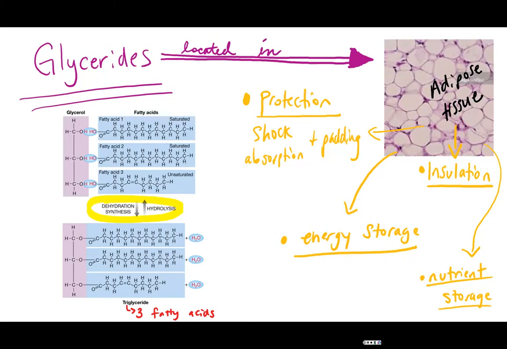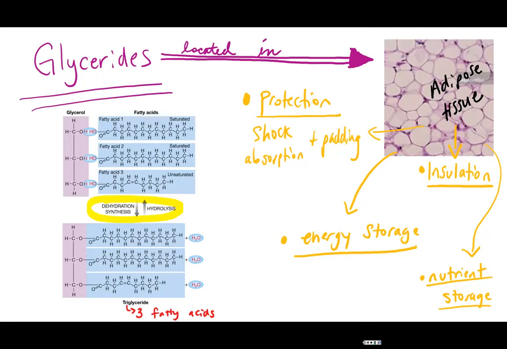Taking a look here, we see that your glyceride molecule is formed by fatty acids pairing with the glycerol molecule. Now, if you're looking from the top down, you see that following the direction of the arrow, you have a dehydration synthesis reaction to create your glyceride. What's pictured here is a triglyceride, so that means 3 fatty acids paired to 1 glycerol molecule.